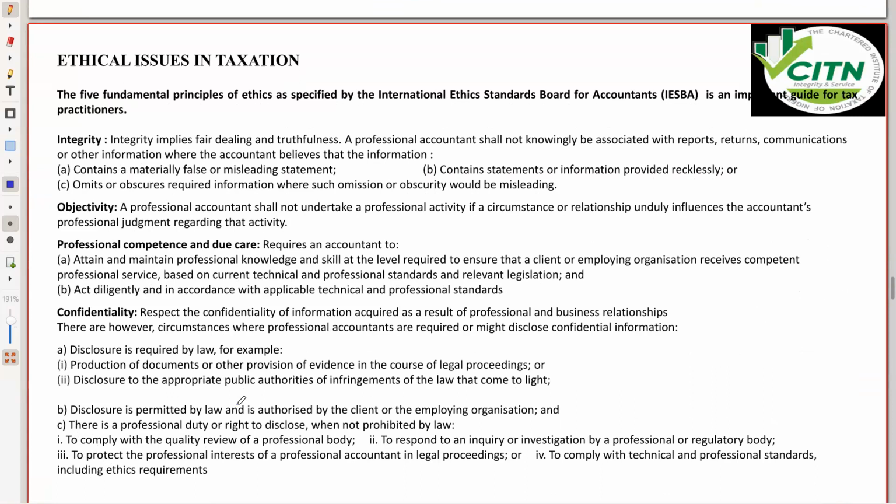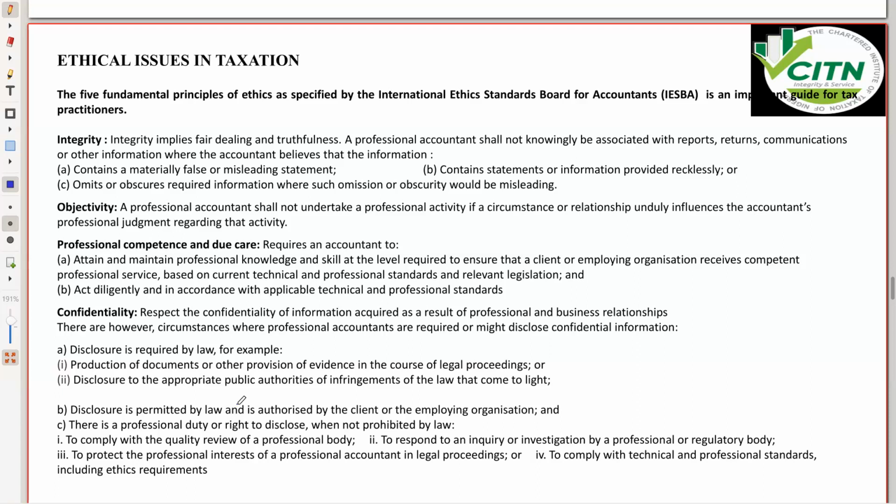So those are two quick areas that could lead to double taxation, and also impact on international taxation as well. Now, for a number of us that are doing the CITN exams, our objective is because we want to be tax practitioners, or we want to pursue a career in the tax field. And so it's always important that for professional levels of our exam, for all of them, it's always important to do a recap or a reminder. I think it forms part of all the syllabus at the professional levels on ethical issues in taxation.